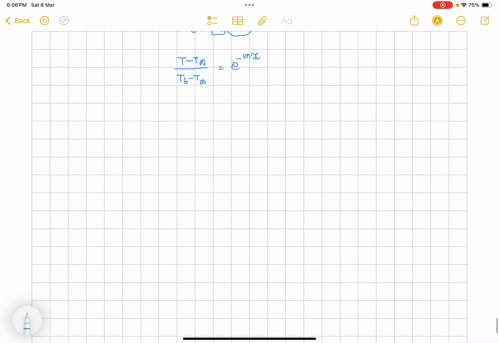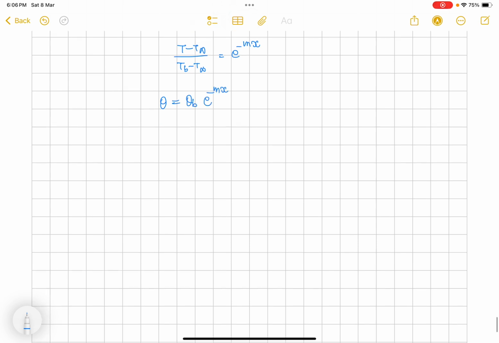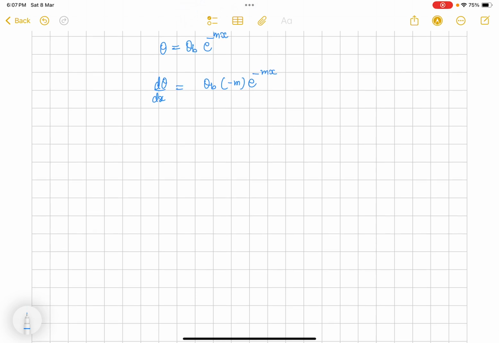So we have theta is equal to theta b e power minus mx. So the gradient is theta b times minus m times e power minus mx. But at x equal to 0, we need it, right? So put x equal to 0 in this equation, we will have theta b times minus m. So minus theta b m, right? So this is the temperature gradient.